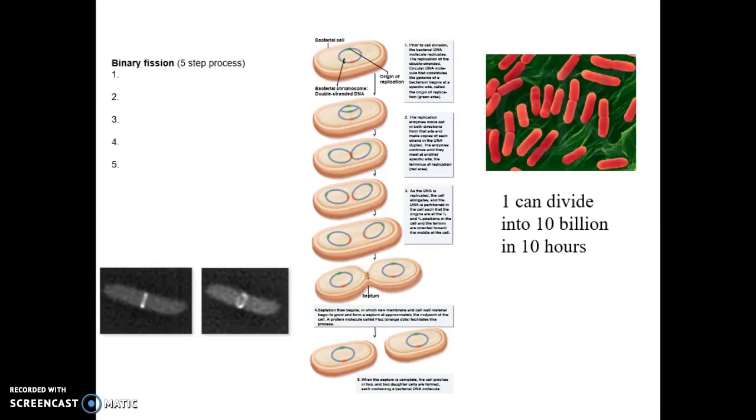I mean, you have MRSA, which is resistant. You have tuberculosis, which is resistant. You have all sorts of different bacteria that are resistant because we've wiped out the weakest, left behind the strongest, and because they have that rapid reproduction rate of binary fission, they're able to reproduce very, very quickly.